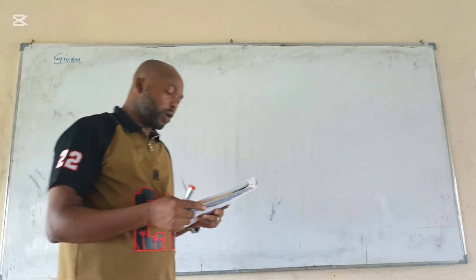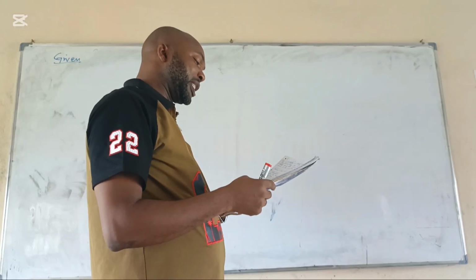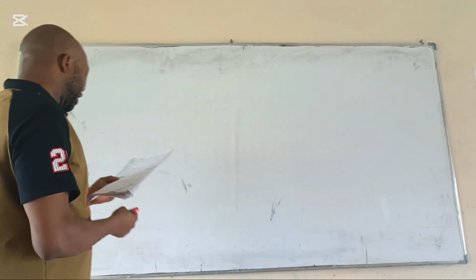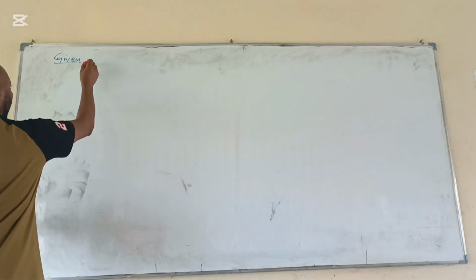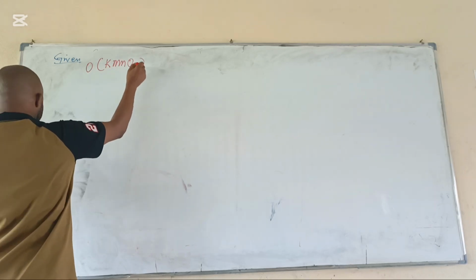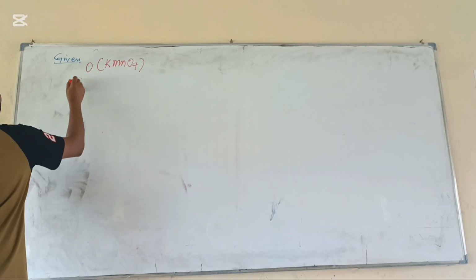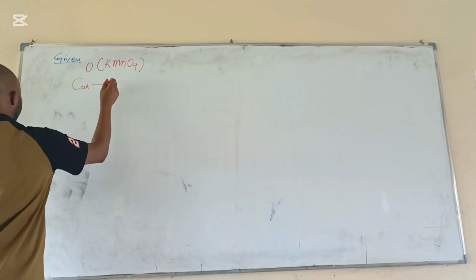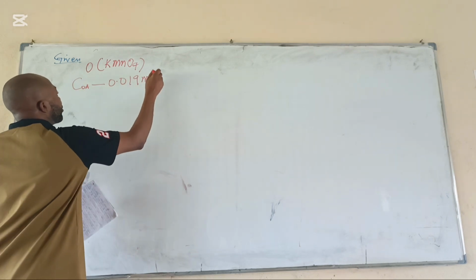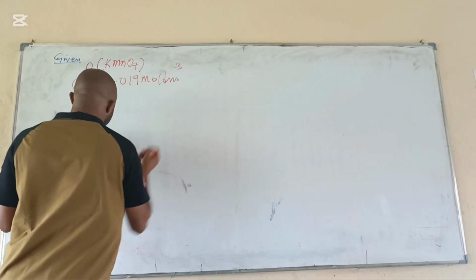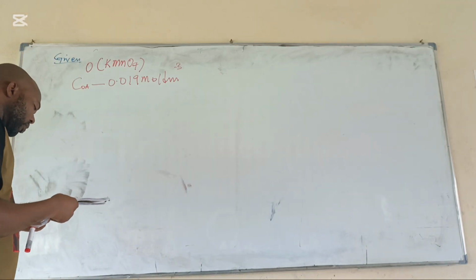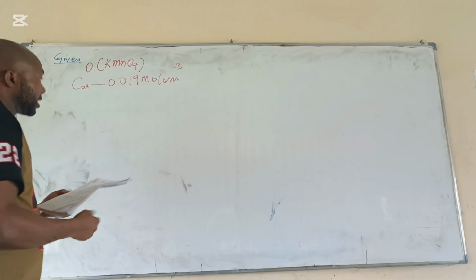0.019 KMnO4 reacts with 6.0 g/dm³ of impure ethanedioic acid solution. So KMnO4 is the oxidizing agent. I have my O, KMnO4, and the concentration of the oxidizing agent given is 0.019 mole per dm³. So it reacts with 6.0 g/dm³ of impure ethanedioic acid.